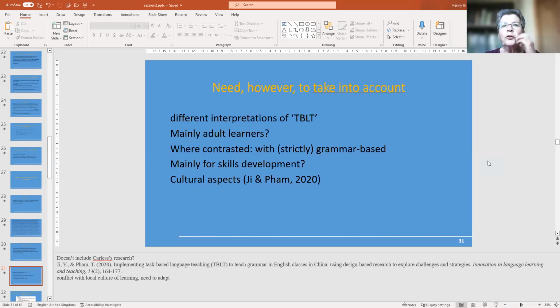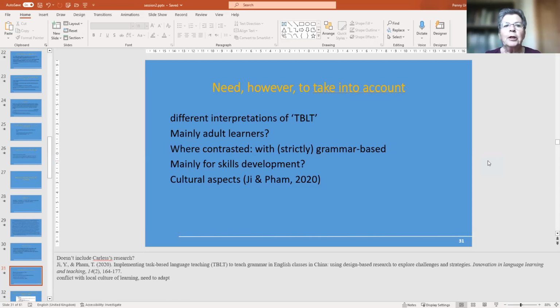Where they were contrasting with grammar-based, very often it was not really a fair contrast because the other group was doing a rather extreme and, to me anyway, unacceptably constrained grammar-based methodology.